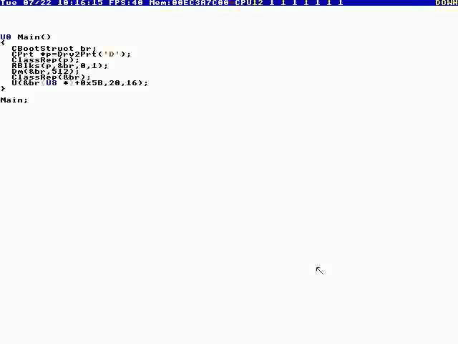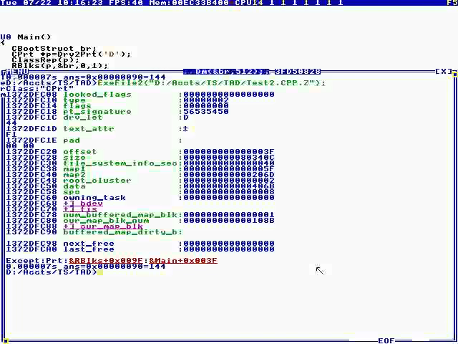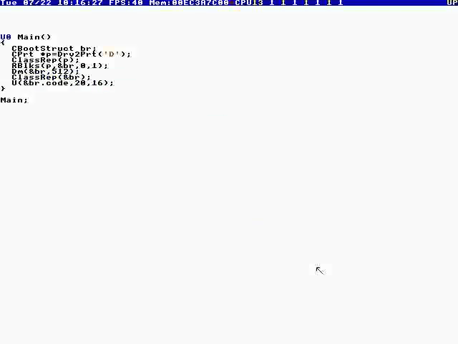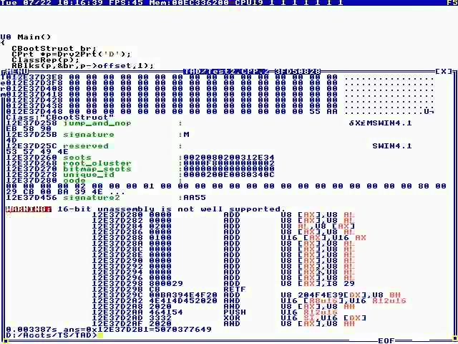Class rep boot record. Exception partition. I don't think we were looking in the right place. Boot record offset.